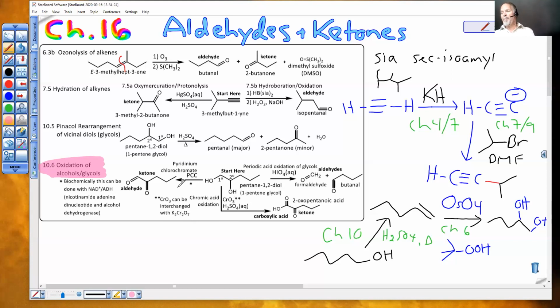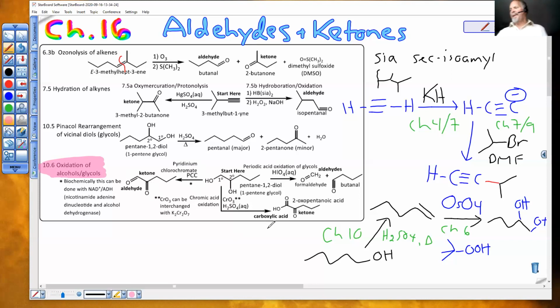You will get a primary alcohol becoming a carboxylic acid. I don't think you want that in the chapter where we're trying to make aldehydes and ketones. But secondary alcohols, they don't care which chromium you use, whether it's pyridinium chlorochromate or chromic acid, you're going to get a ketone either way.